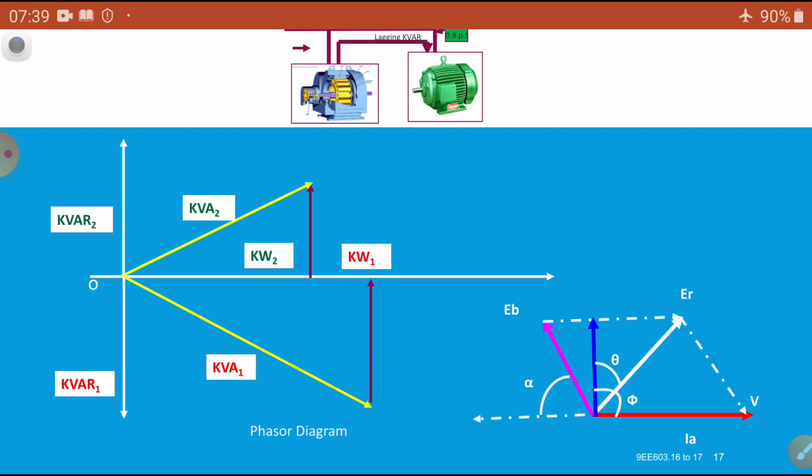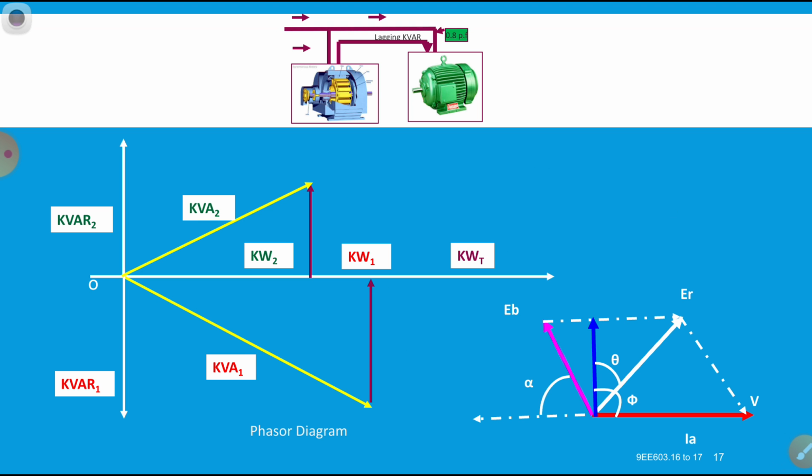Now by combining these two, one is generating, one is consuming, then we are going to get the resultant. So total kilowatts, the active power, is equal to kW1, and total kVA is equal to this one, and this is total kVAR.